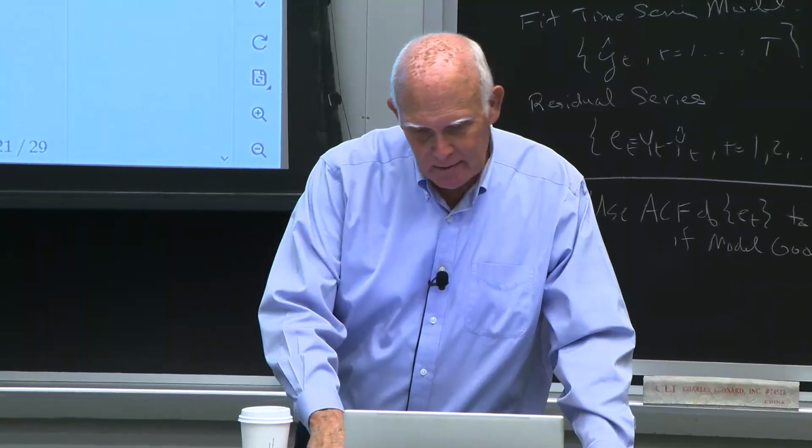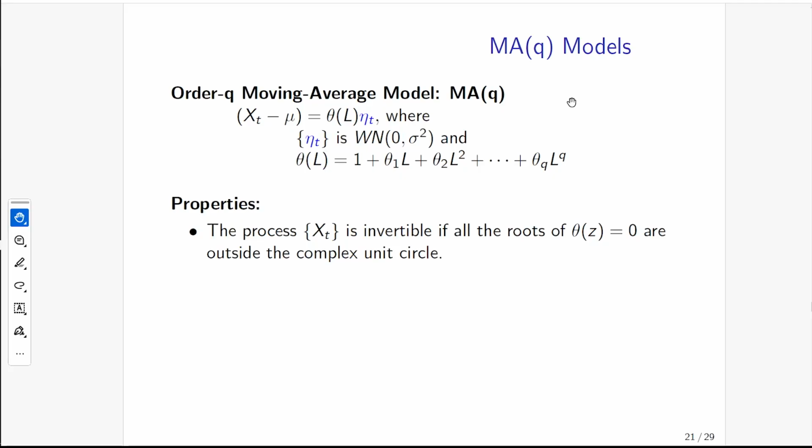Now, we can do a similar analysis of moving average models. Here we have a qth order moving average model represented by a polynomial theta of L of order q in terms of powers of L. And the properties of this process can be studied.